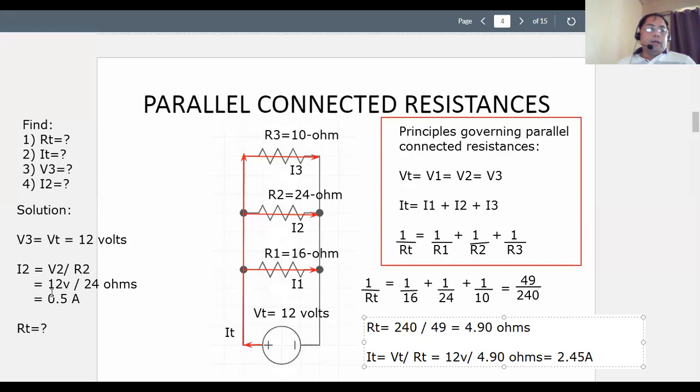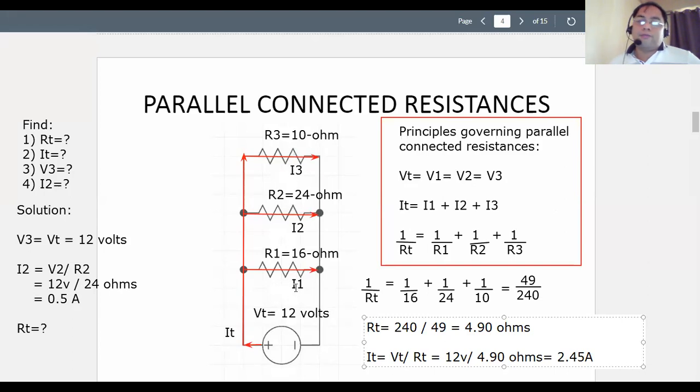Again, we solved I2 a while ago, which is 0.5 amperes. So if you subtract this value from 2.45, this will be the sum of I1 and I3. But anyway, you can individually find I1 and I3, using the principle of the parallel connection where the voltages are equal.